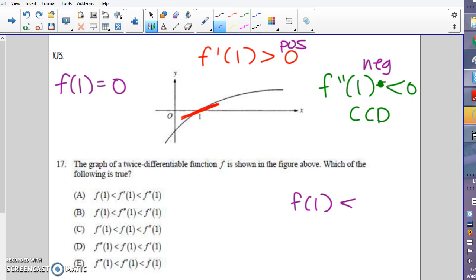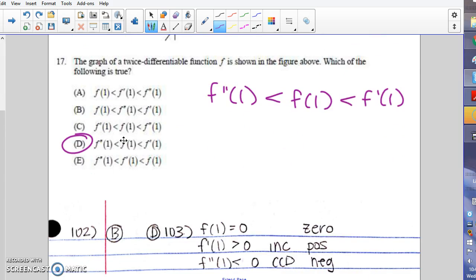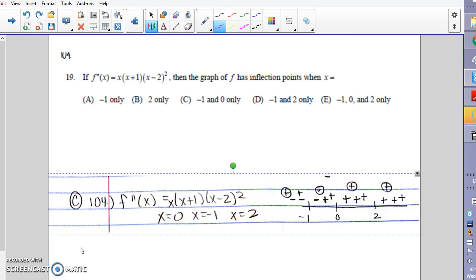So this has to be less than the derivative, but this one has to be greater than the second derivative. And I think that matched D. Although I wrote B. Oh, it is D. Sorry, I was looking at the wrong one.